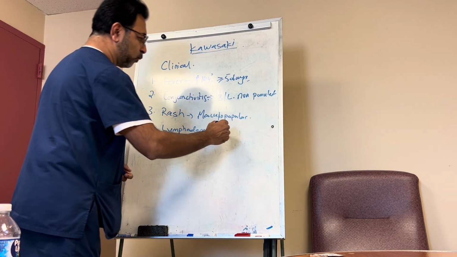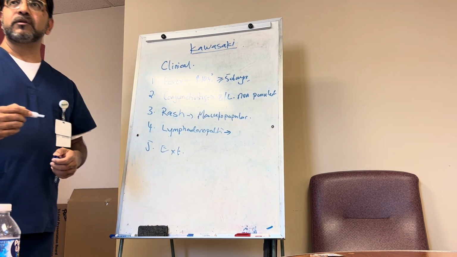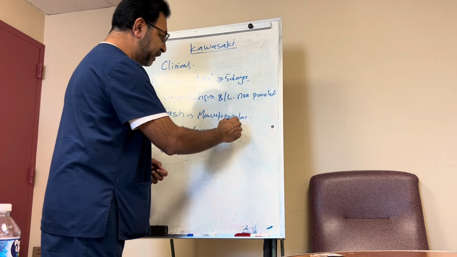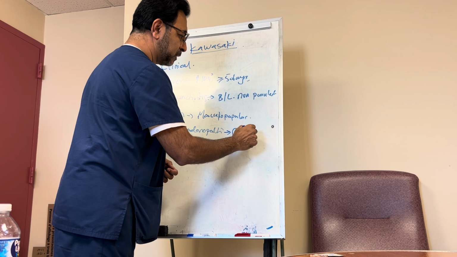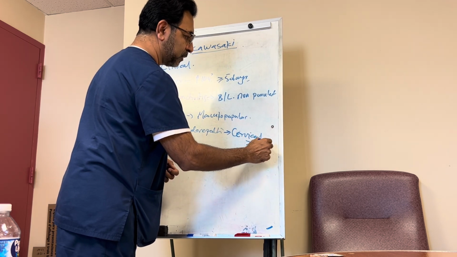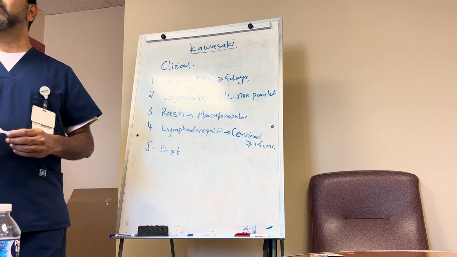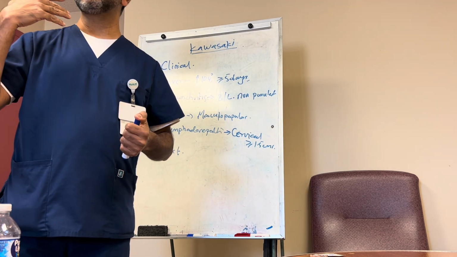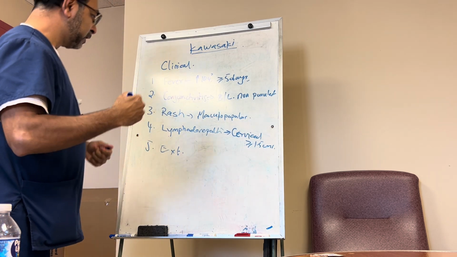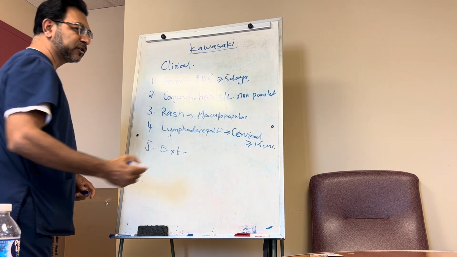And what about lymphadenopathy? Which lymph nodes are predominantly involved? Cervical. And when is it significant? When it's more than 1.5 centimeters. So you'll have cervical lymphadenopathy, usually more than 1.5 centimeters. And the next thing is the extremities.